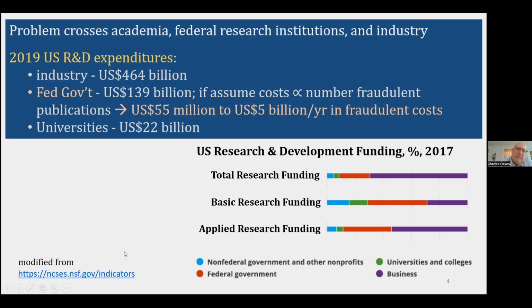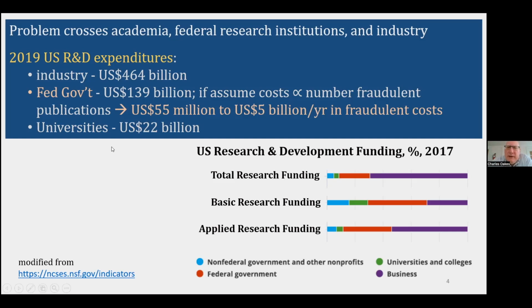And of that, I don't want anyone to think that because most of that money is coming out of industry, that it's not real, honest to God, fundamental science, because roughly 25% of the money in basic research came out of industry. So it's a large amount of money from both federal government and industry that is spent on real, honest to God science as well as more applied science.